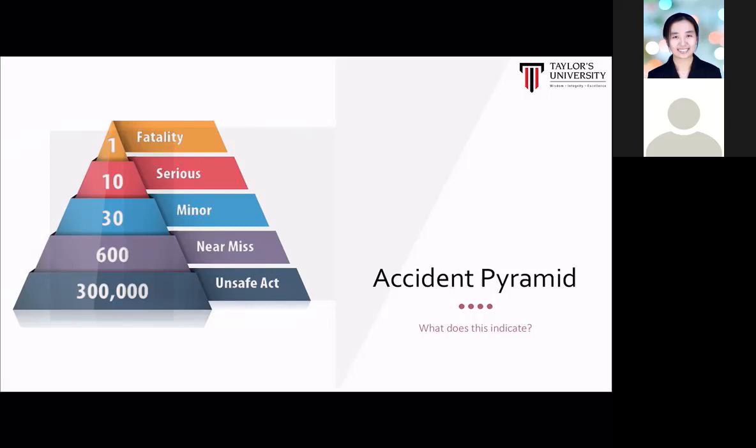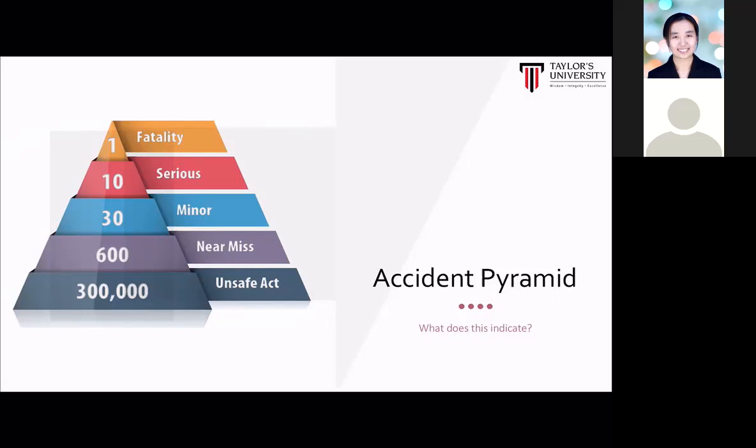When we say minor, if we talk about accidents on the road, it may be just a simple bump with no injuries, or just slight injuries. Those are what we call minor. For every 30 minor accidents, we often see that unfortunately one is a serious accident.